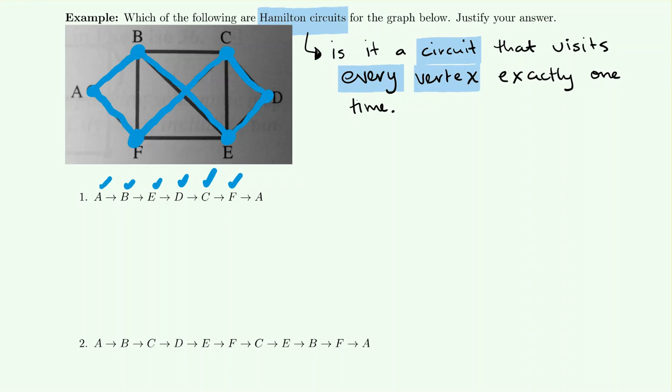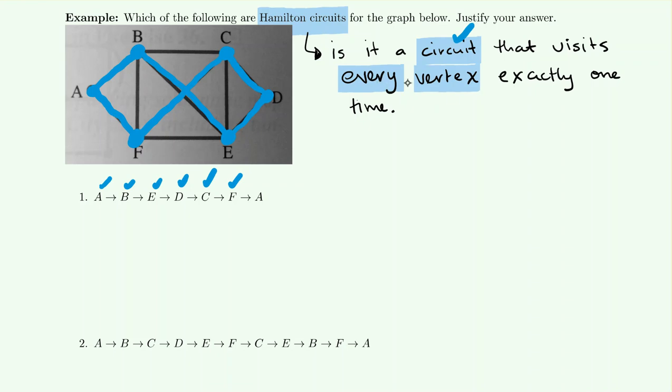So first, let's check the definition. Is this a circuit? What we've shown here. It is a circuit because it begins and ends at the same vertex, and it goes through allowable edges of the graph, never using any edge of the graph more than one time. So we meet the definition of circuit, and then let's see, what else do we have to meet to become a Hamilton circuit?